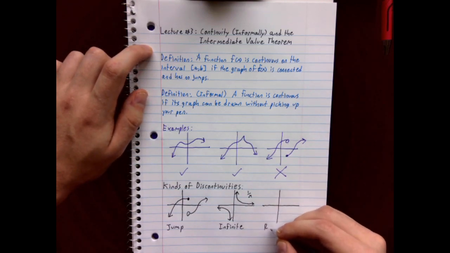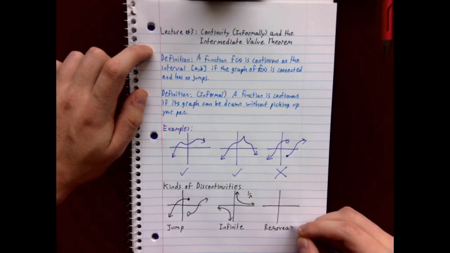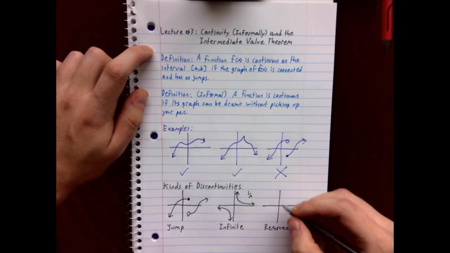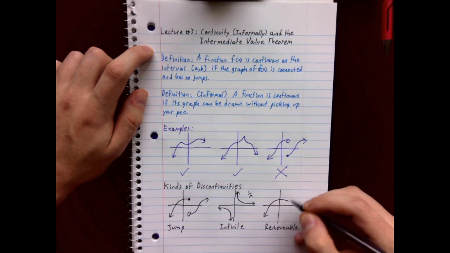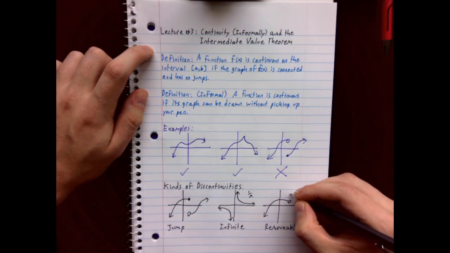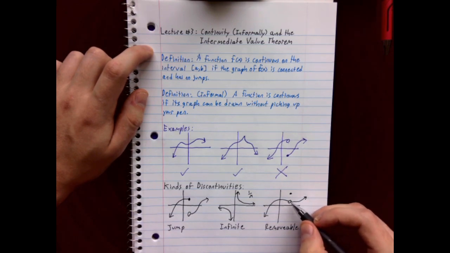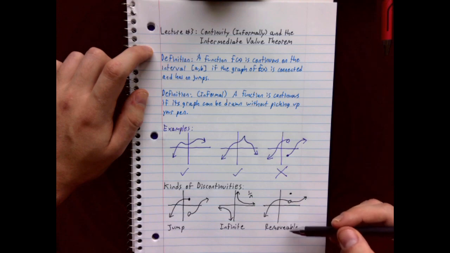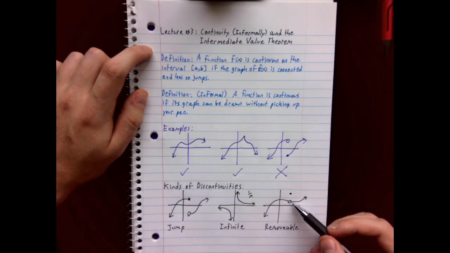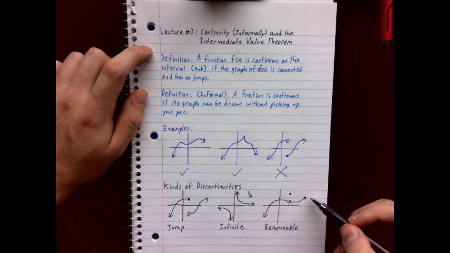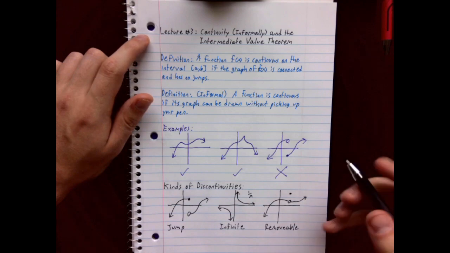The third kind is a removable discontinuity. The removable discontinuity might look something like this, where there's just a single point where the graph is discontinuous. These are called removable because we could simply modify the function at this singular point, or maybe at a finite set of points, and remedy all of the discontinuities of this function.